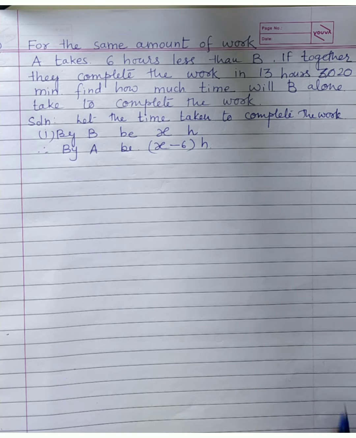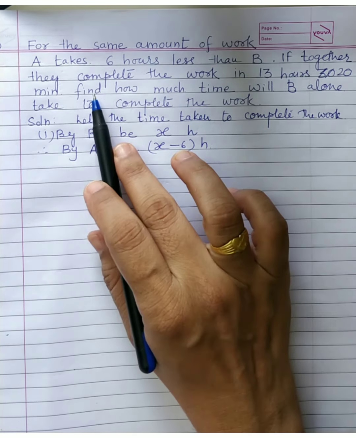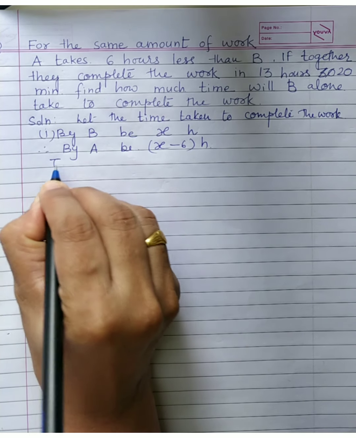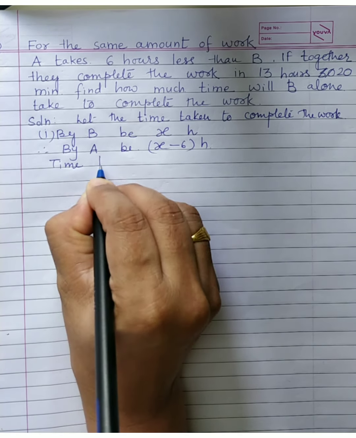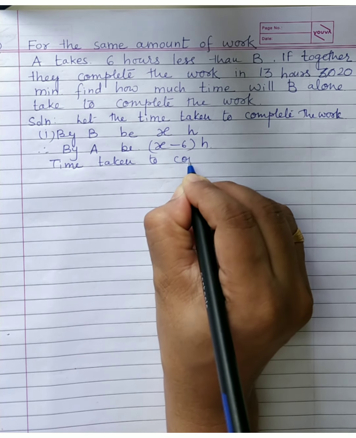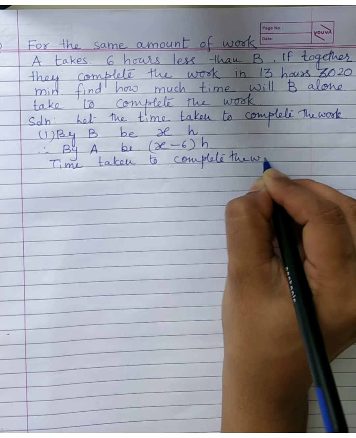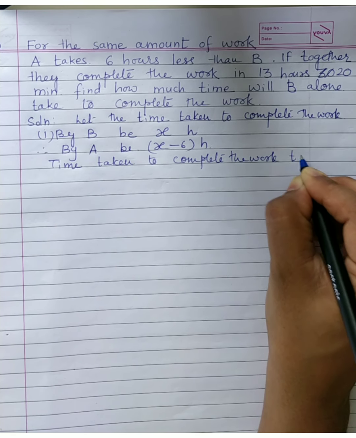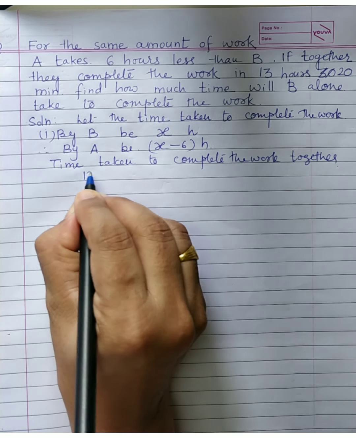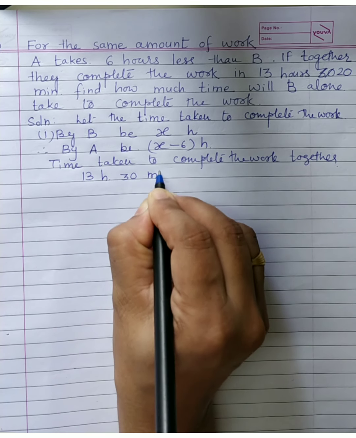Okay. After that what happens is more important, children. And the total time taken by them to complete the job together, we'll convert it first, is 13 hours and 20 minutes.